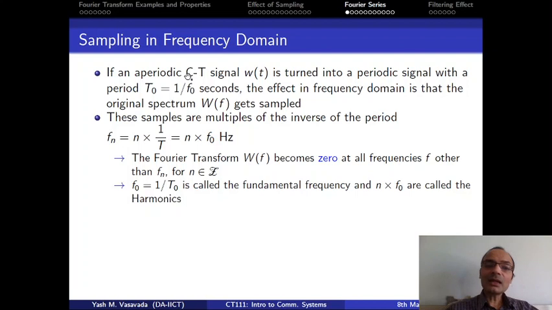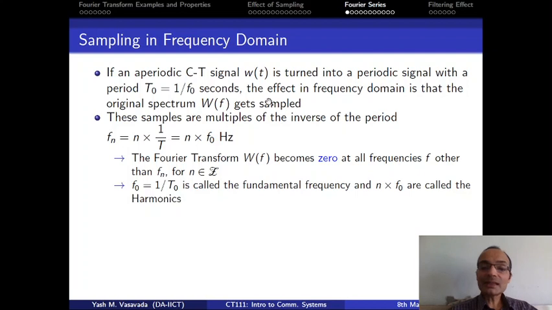But suppose I have a periodic continuous time signal that I'm now calling w(t), and I make this w(t) periodic, and its period is T0 seconds, 1 over f0. Then, exactly identical to the example that we just looked at for the discrete time case, we will find that the effect in the frequency domain is that the original spectrum, capital W(f), will get sampled.